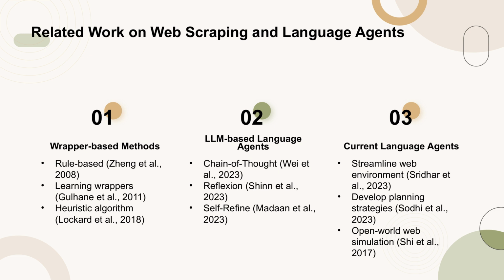However, these agents do not fully utilize web structural features. Current language agents aim to streamline the web environment and develop planning strategies, focusing on open-world web simulation environments. These methods, however, do not effectively exploit HTML structural similarities across web pages, leading to inefficiencies in repetitive operations.